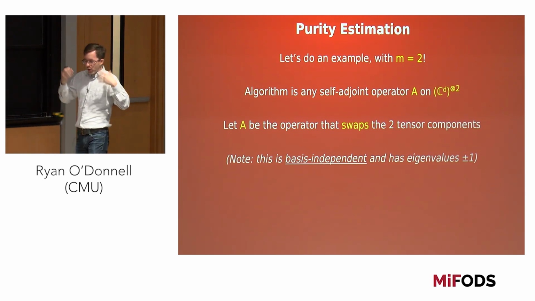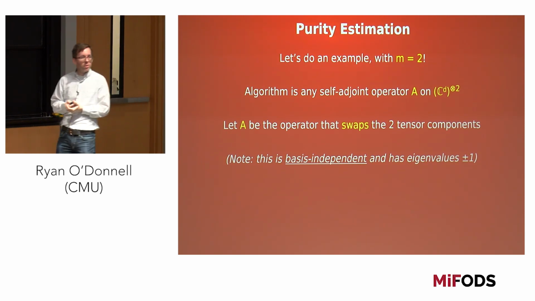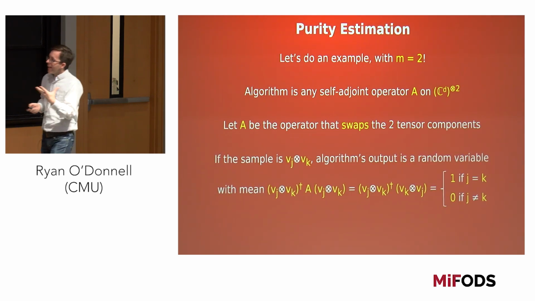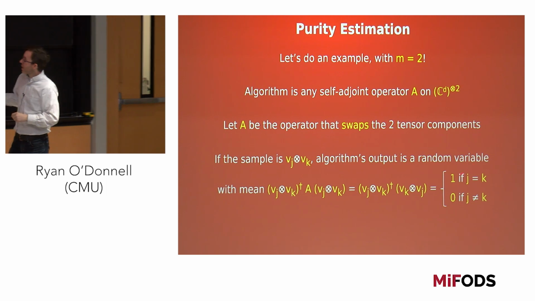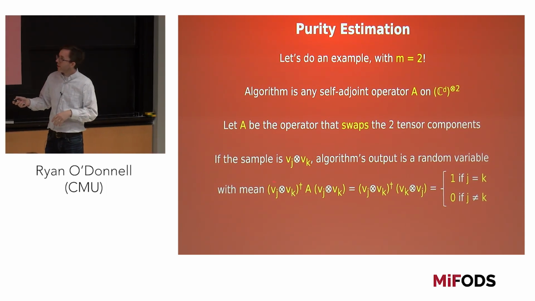So if you go back to this picture, the algorithm's final output will be a real number, which is either minus 1 or plus 1. OK, and say m is 2 here. Let's say nature draws a sample, and it's v_j tensor v_k. So the algorithm's output is some random variable. And here's the formula for its mean. It's the big vector, dagger, A times the vector. OK?